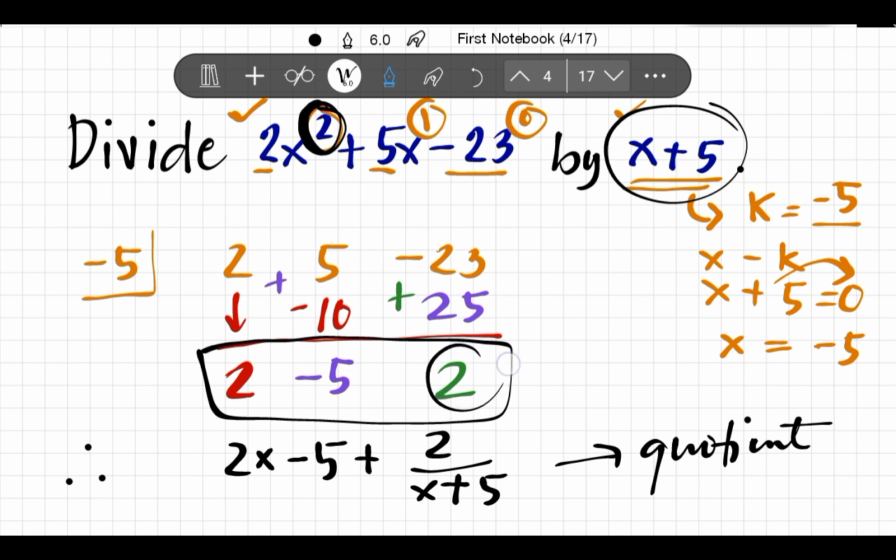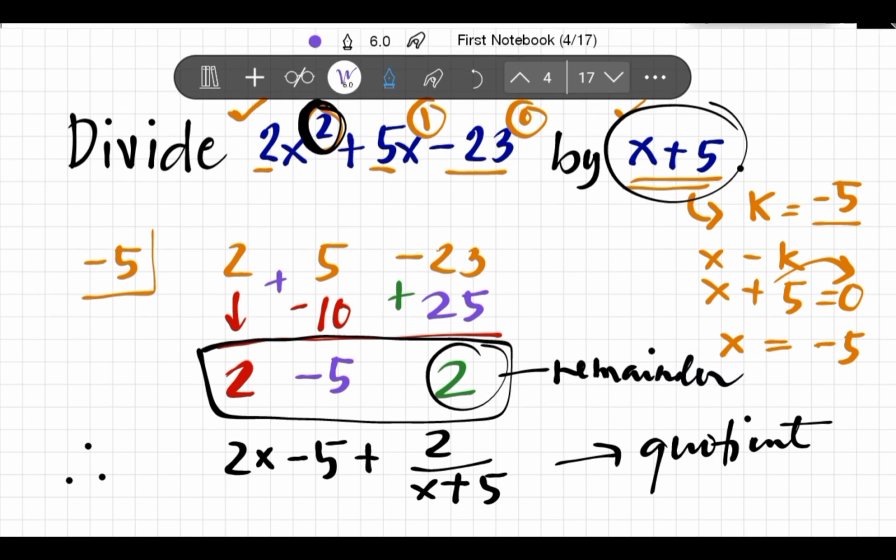And this 2 is what you call remainder. Again, when we divide 2x squared plus 5x minus 23 by x plus 5, the quotient is 2x minus 5 plus 2 over x plus 5.